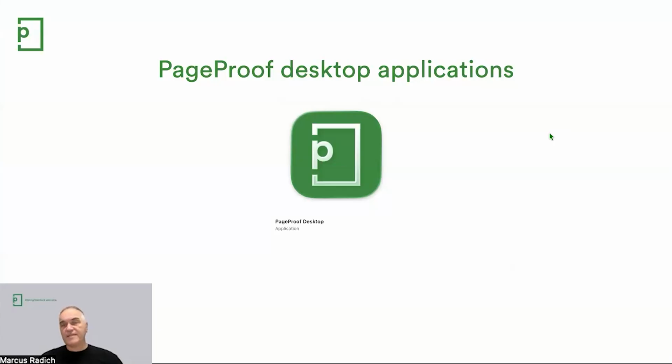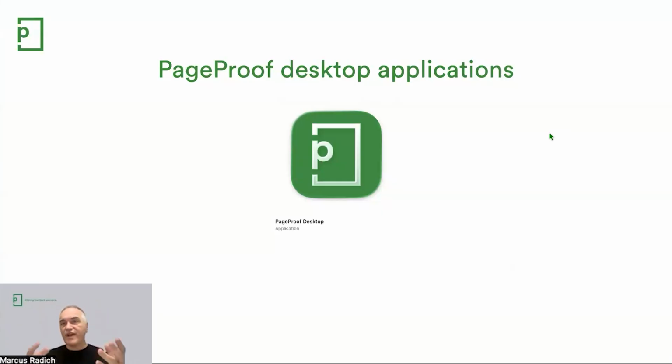And then opening links as well. So if you get an email and you would prefer to have it open inside your desktop app, you can go to your settings and say, open all my PageProof URLs inside the desktop app, and it will do that for you as well.